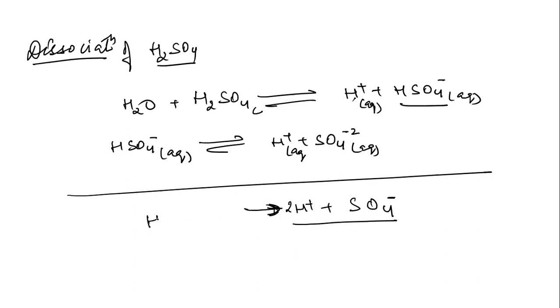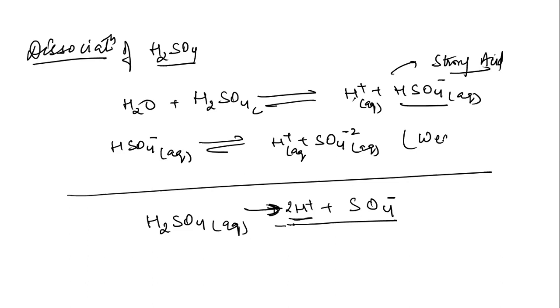So in this way, we can say that H2SO4 aqueous dissociates and gives us 2 H positive ions. In the first step it is behaving as a strong acid, in the second step as a weak acid, but overall we can say that it is a strong acid.